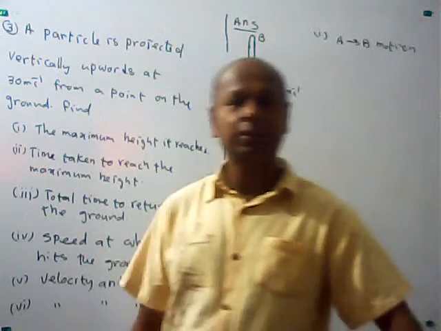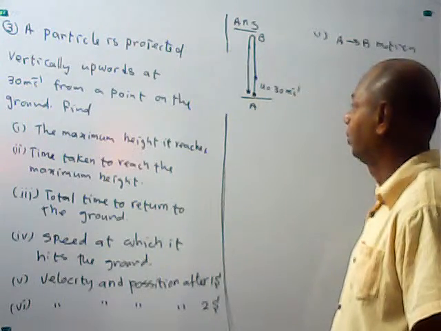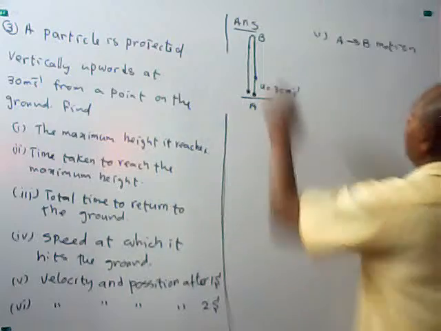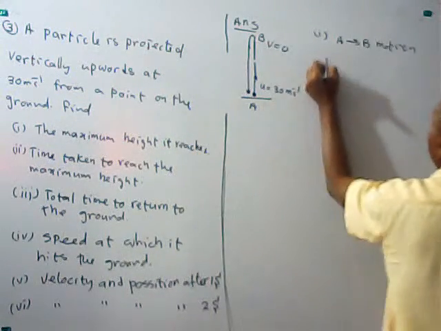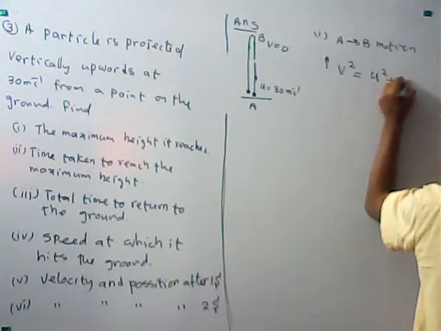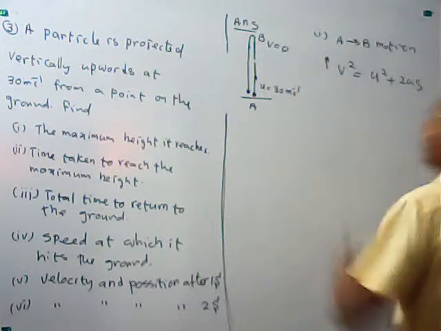We need to find the distance, so the best thing is to apply v squared equals u squared plus 2as. This is what we usually use to find the maximum height.